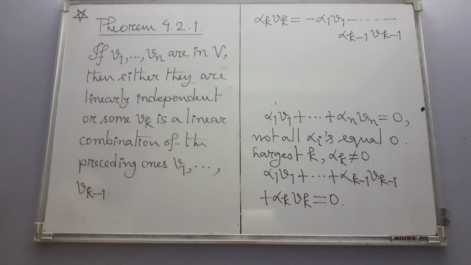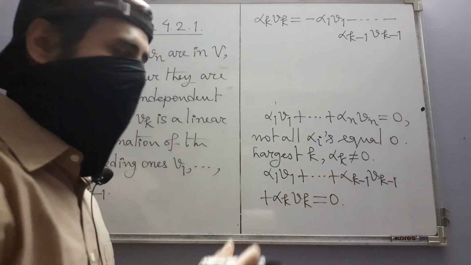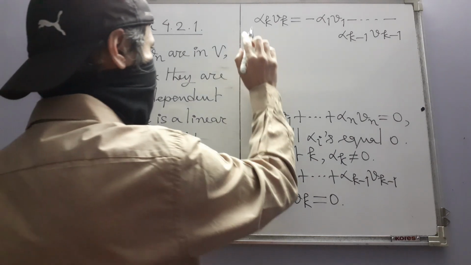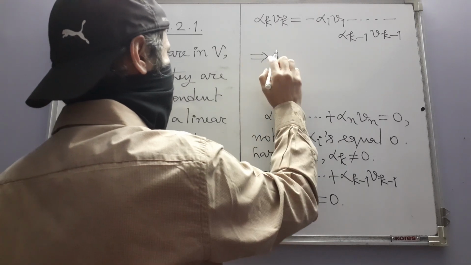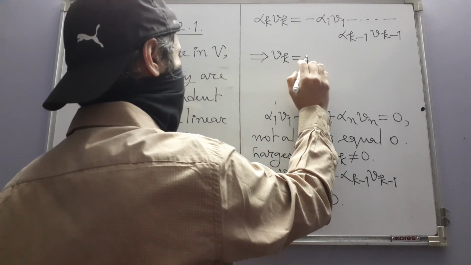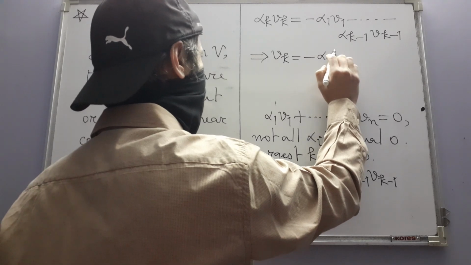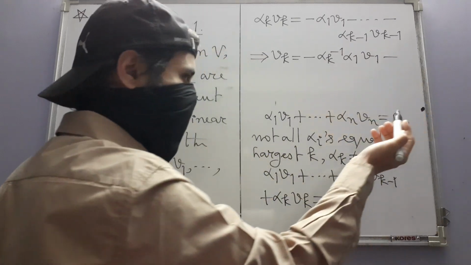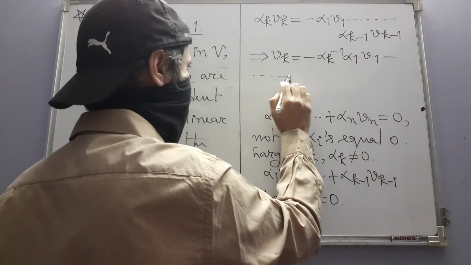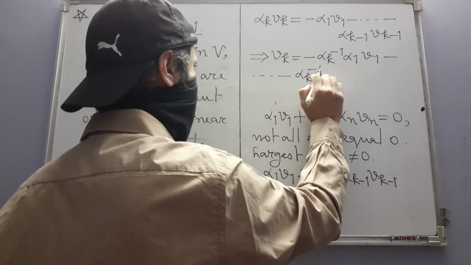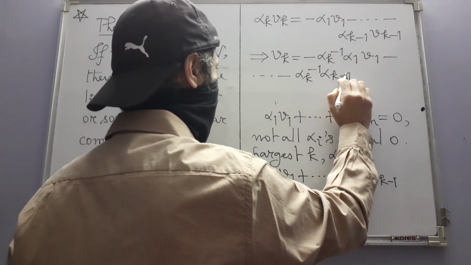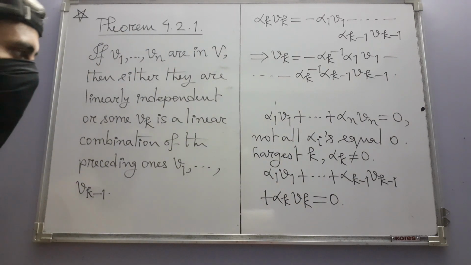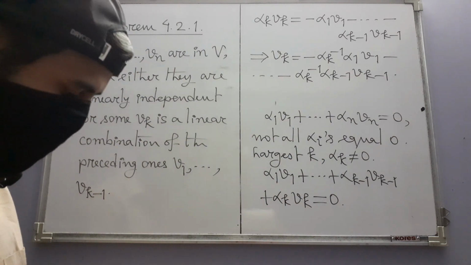And then because alpha k is a non-zero field element, its multiplicative inverse exists in the field. That gives us alpha k inverse alpha 1 V1 minus alpha k inverse alpha 2 V2, and finally this. That way you obtain Vk as a linear combination of the preceding vectors.